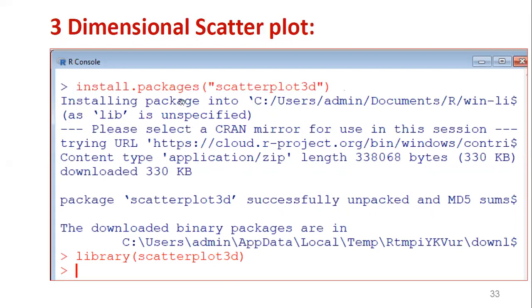Then after executing this command, it asks to locate the cloud. By default, select any one location. Then it shows successful installation along with the path also. Then simply you can call library of scatterplot3d.